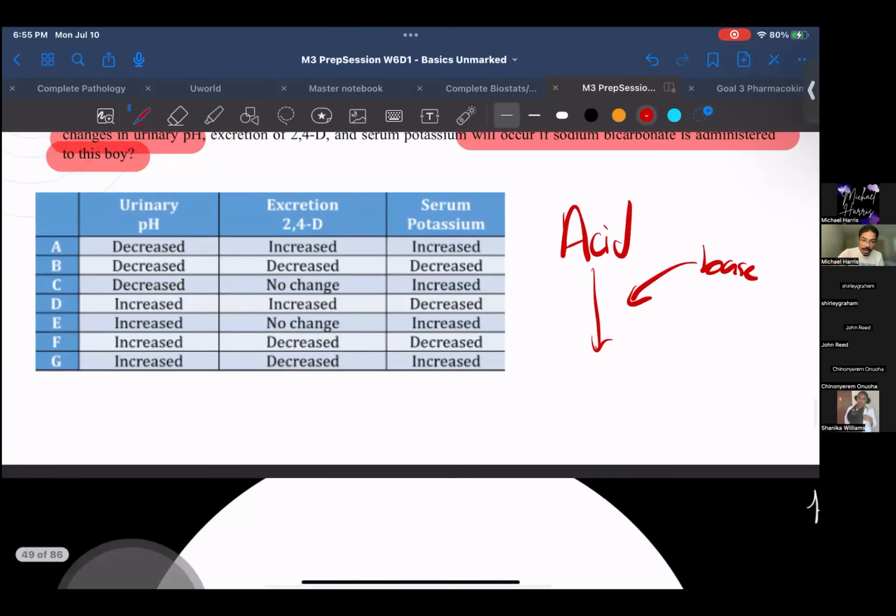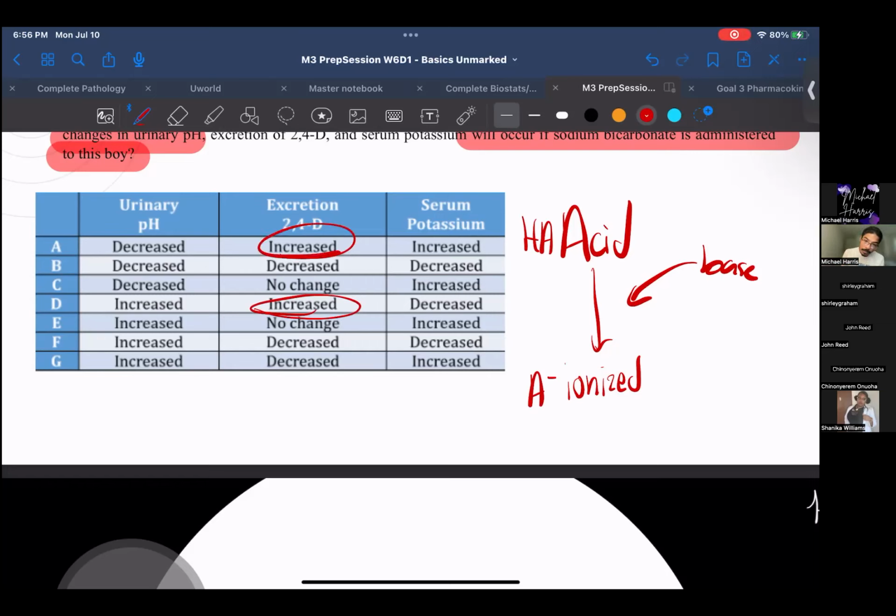Is it ionized or non-ionized? Yes, it's ionized. Perfect. It's becoming HA and becoming A minus. Great. So that means we're increasing the excretion.